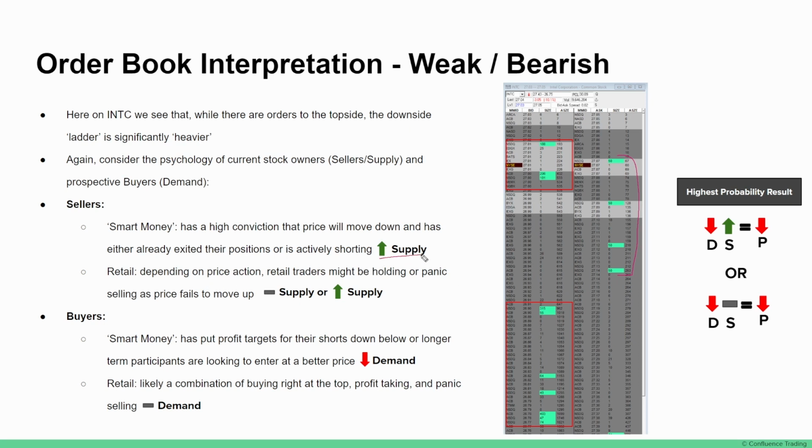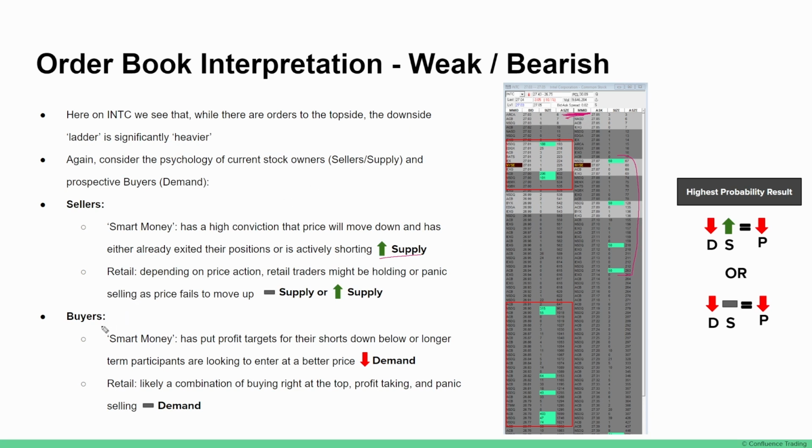Thus, we get an increase in supply at the current price, right? The retail side of the house, depending on what is happening in price action, and again, we're ignoring the chart for now, but retail traders might be holding, they might be panic selling as price fails to move up, and ultimately this is either going to be flat supply or increasing supply, once again, at the current price levels.